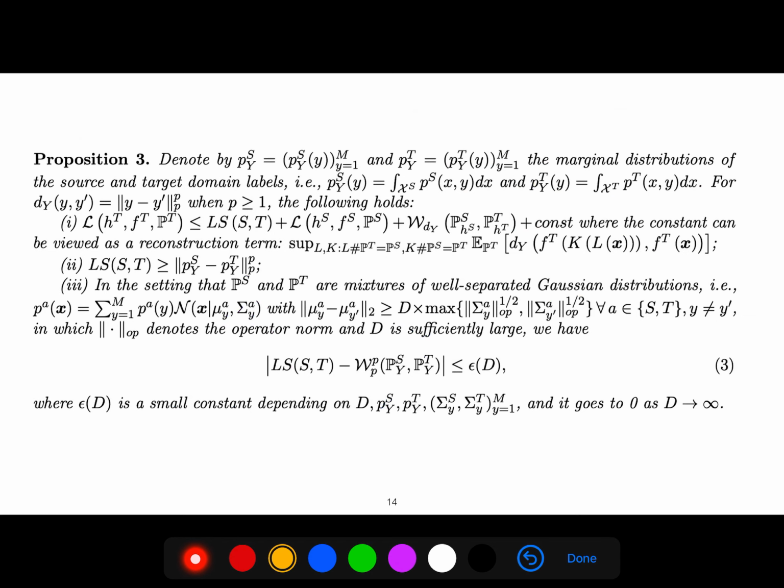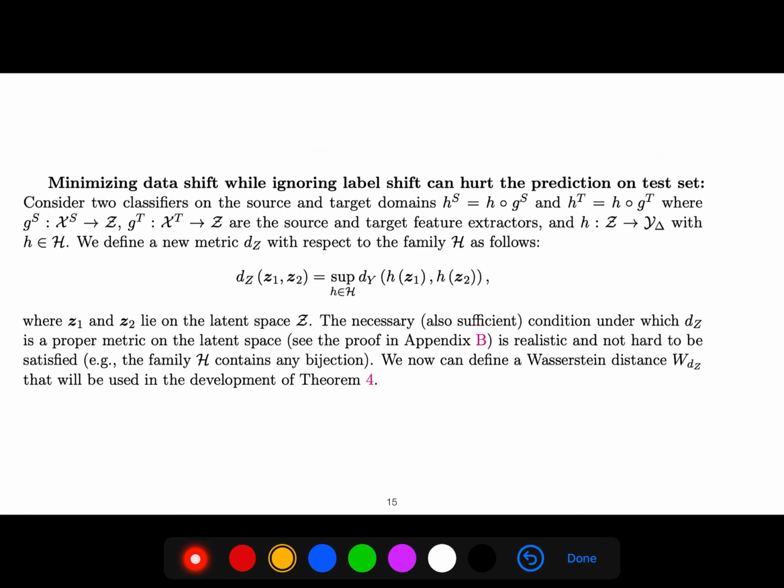I think we showed this in the previous video, that all of these things, including this upper bound on the loss of the target FT and PT, which is upper bounded by label shift between S source and T, and Wasserstein distance between the probability distributions.